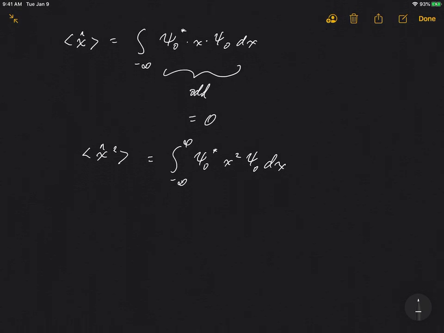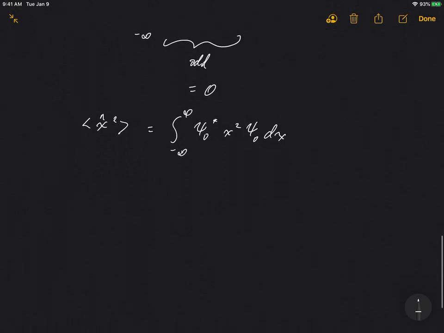And for this one, it turns out it's not 0, right? These are all even functions, and so we expect the integral to not be 0. And that makes sense qualitatively. This is like the second moment. This is saying, if we've got this Gaussian function, we expect there to be a Gaussian width. So there's a width to this, and we expect the width of this curve is not 0.